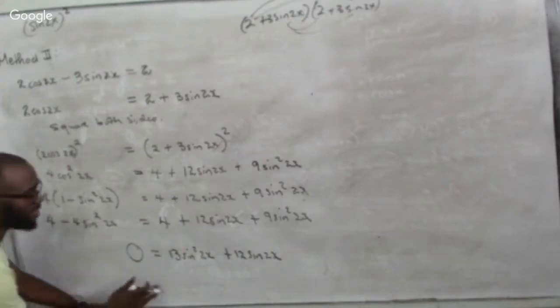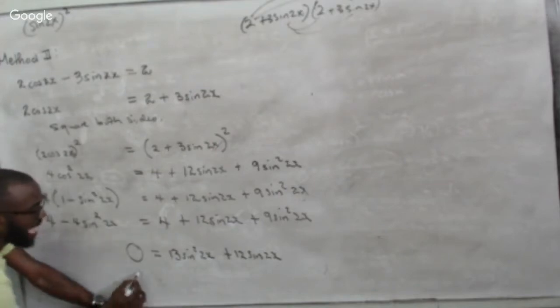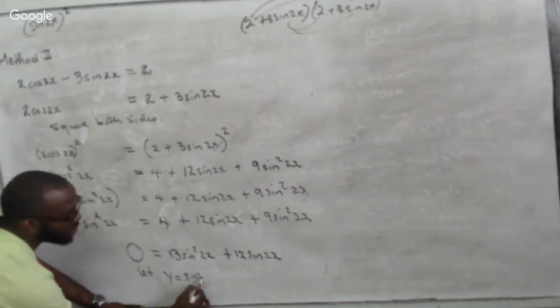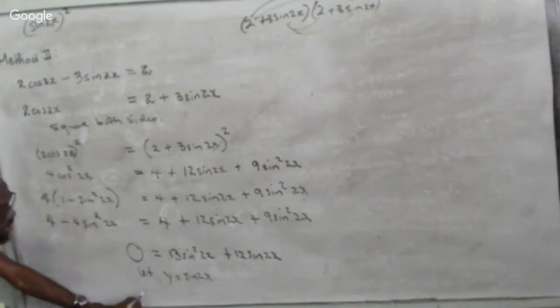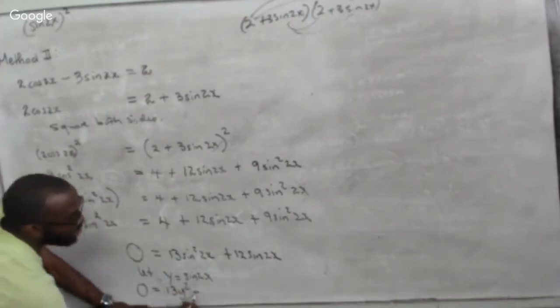That makes our lives much easier. Ready? Let y equal sin 2x to get 0 equal to 13y squared plus 12y.